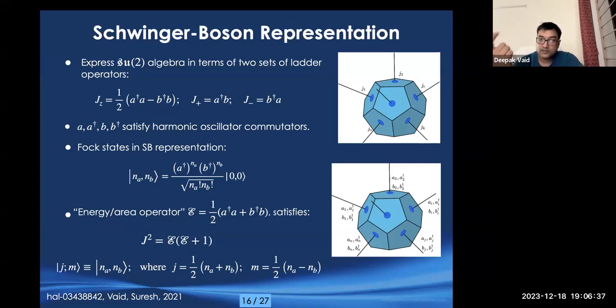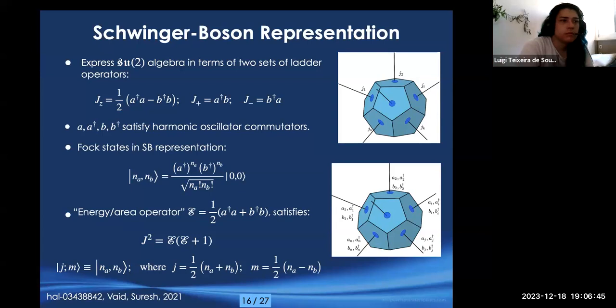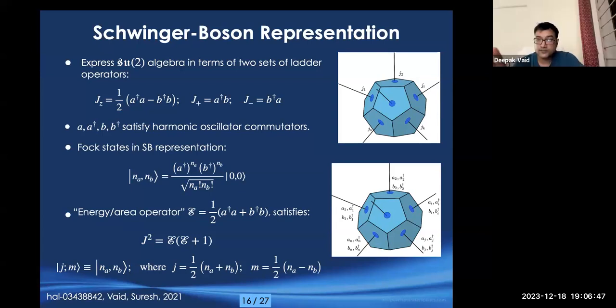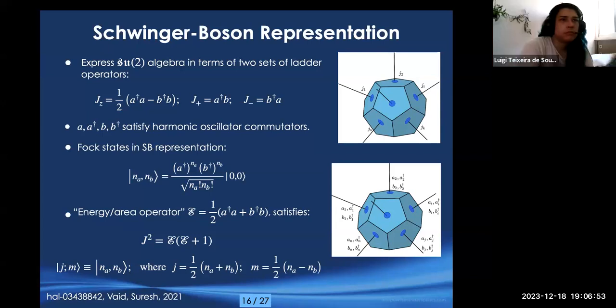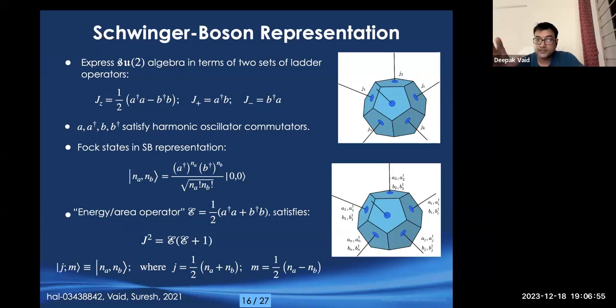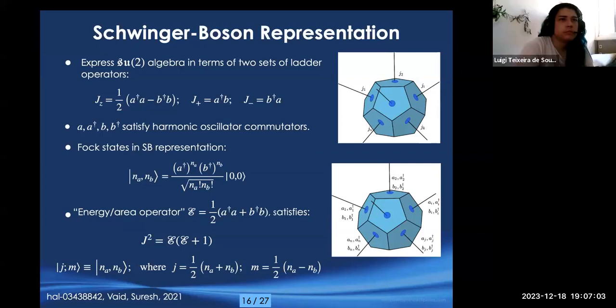And the magnetic quantum number takes values from -J to +J in steps of 1, right? The usual quantization of SU2. Right? So if J is equal to 1/2, you have two states corresponding to upspin and downspin. M is equal to plus half and minus half. Right? And so on.